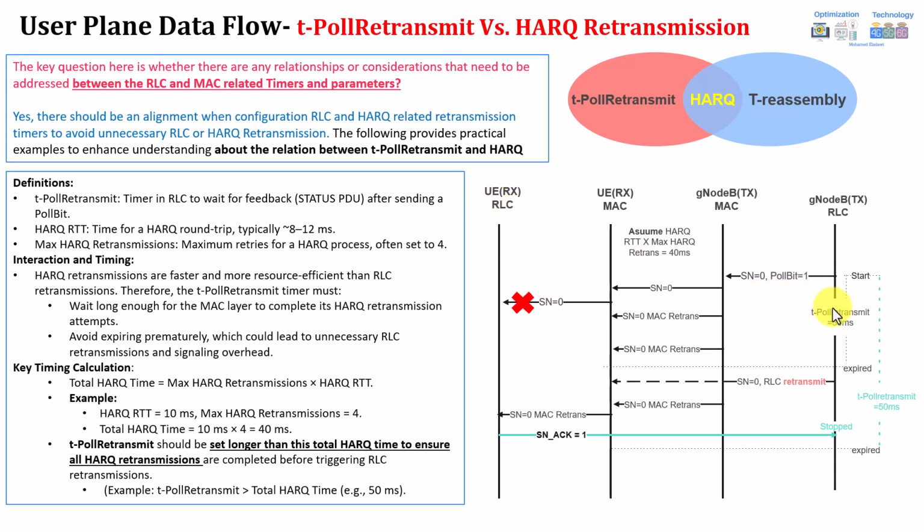So now let's take it one by one. Assume the first sequence number 0 is sent with poll bit equal to 1 from the RLC layer at the transmitter side to the MAC layer, still at the gNB side. So here the T-PollRetransmit timer starts, running from here and ending here at 30 milliseconds.